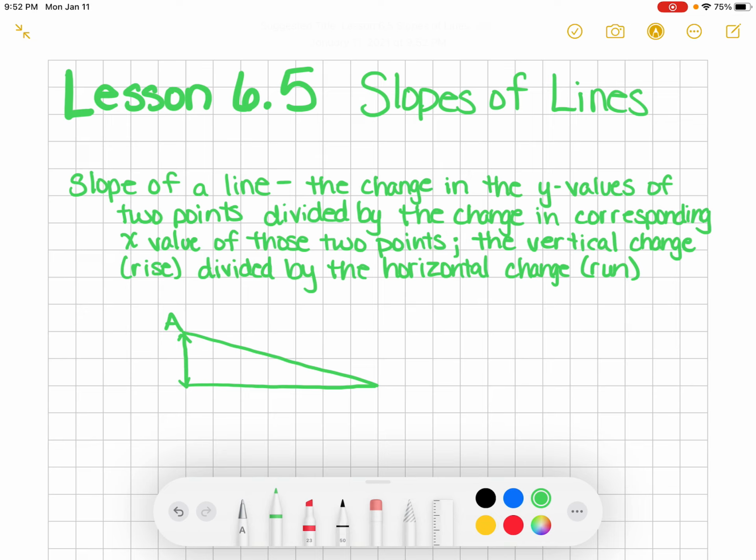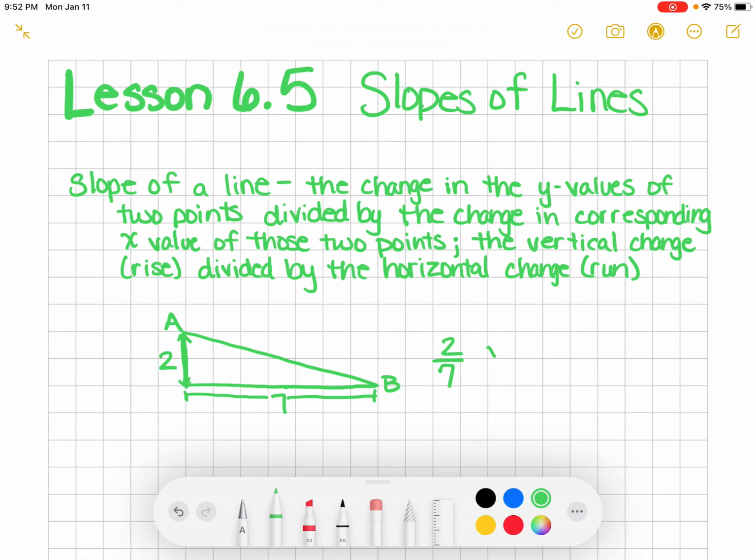If my rise was 2, which it was on this grid, right? And my other one was 1, 2, 3, 4, 5, 6, 7. I should have made it just 6. But we'll go ahead and say 7. So from here to here, the horizontal change is 7. Then my slope would be 2 over 7.